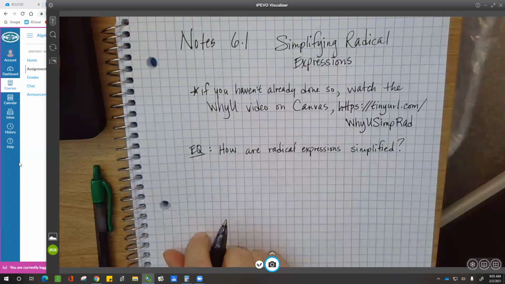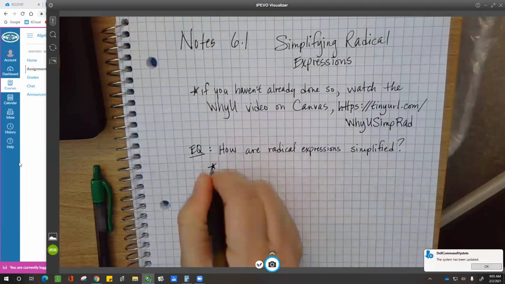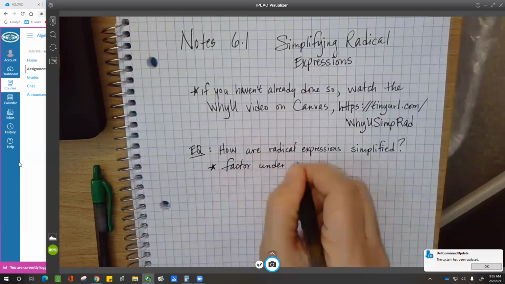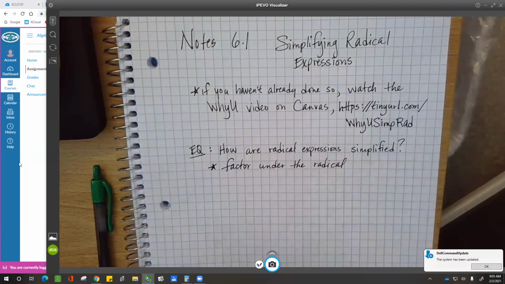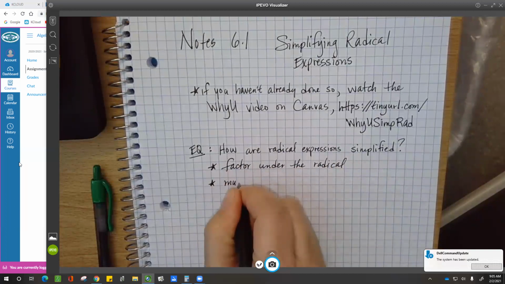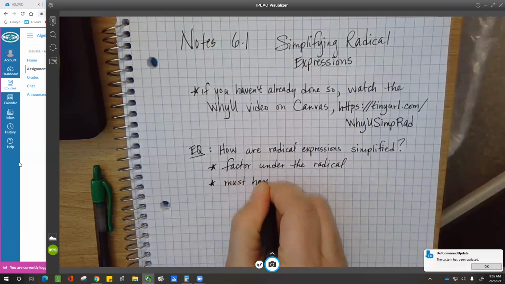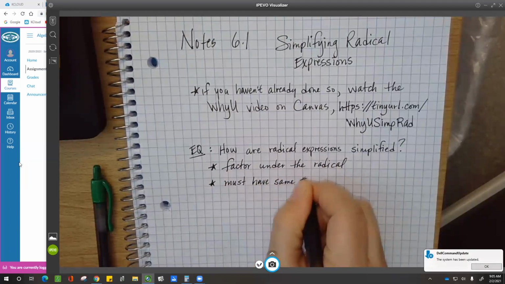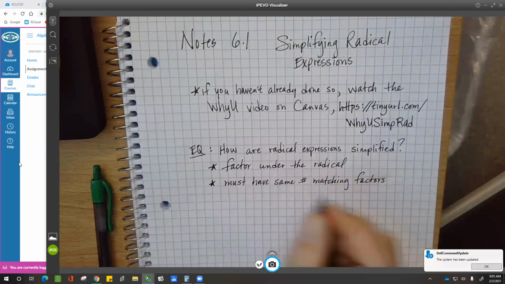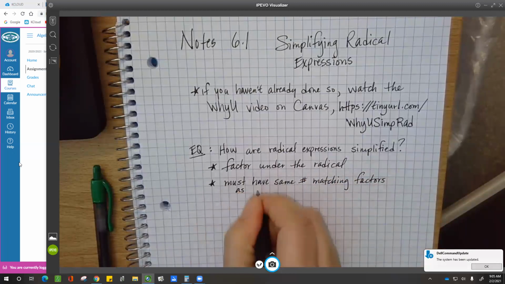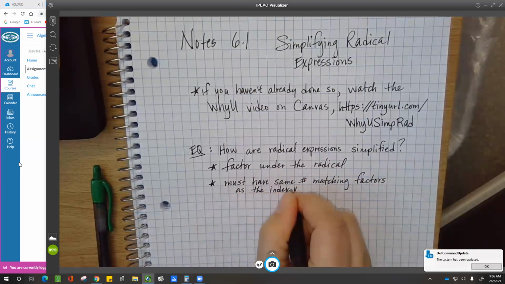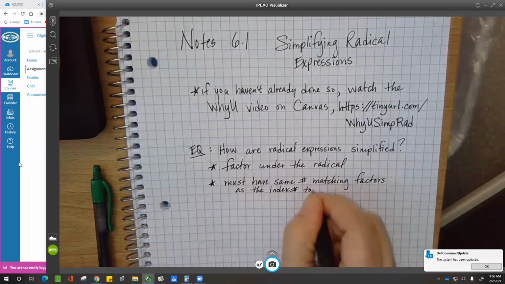So as they did in the video, we will factor under the radical, and we'll factor until we have the same number of matching factors as the number of the index in order to simplify.